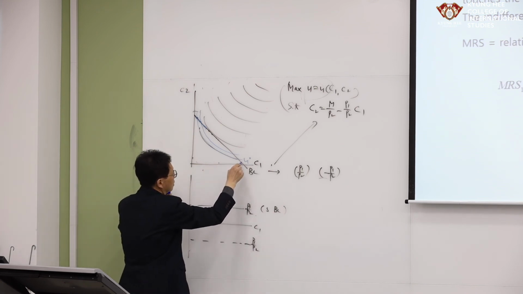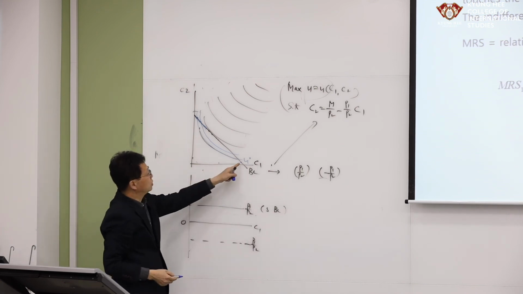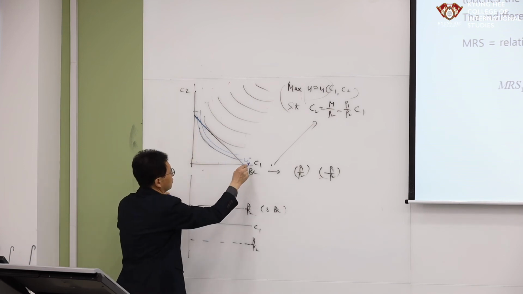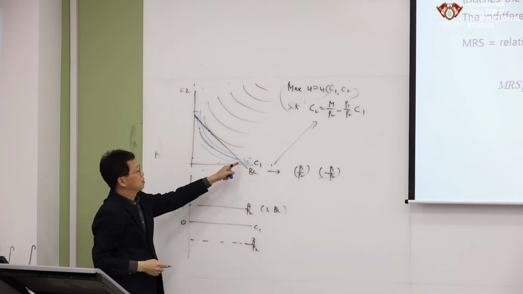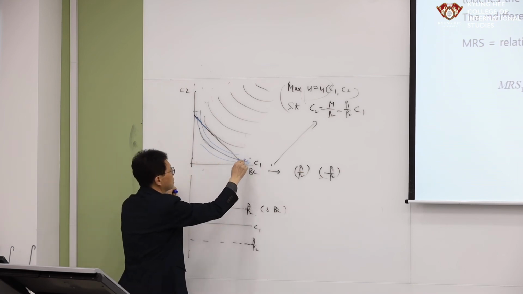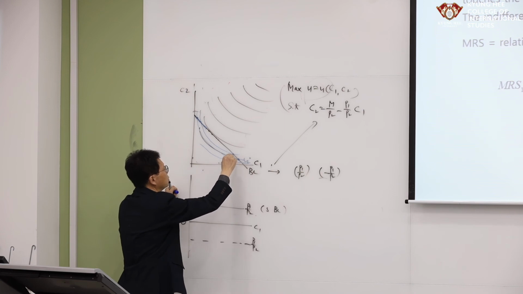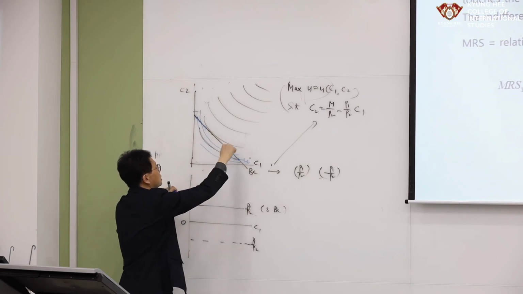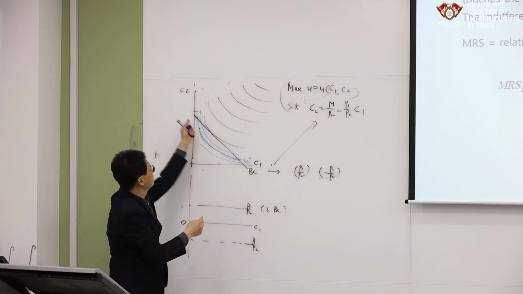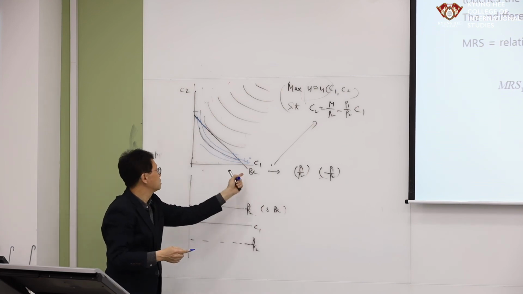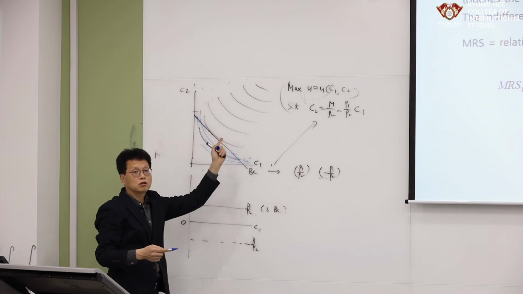If the consumer chooses a consumption point here, one point on this budget, then we can draw the indifference curve like this. If you choose this one, the indifference curve is like this. If you choose this one, the utility level increases and increases. Moving to this one, the utility level increases.